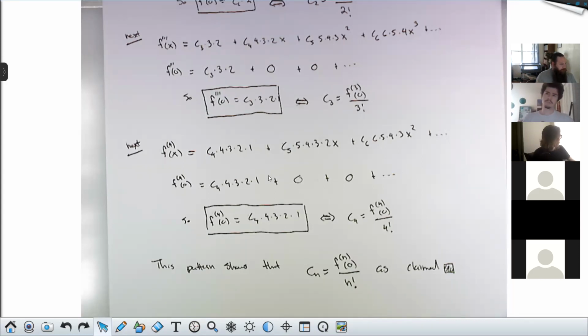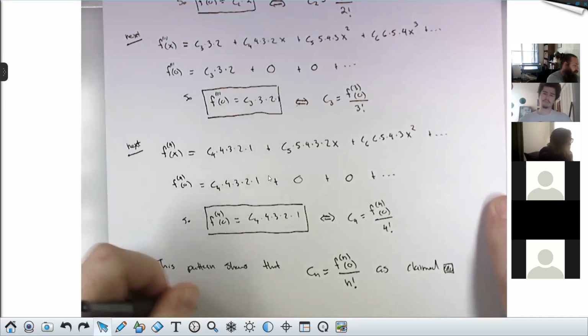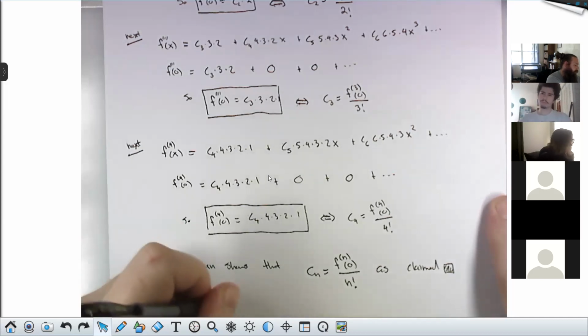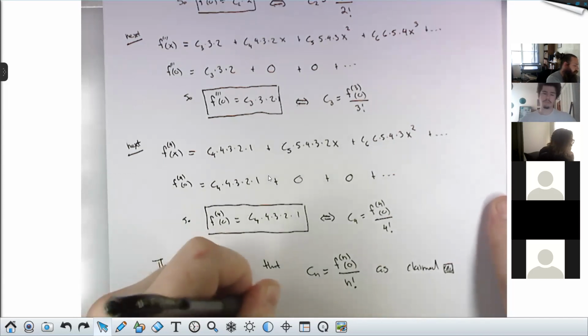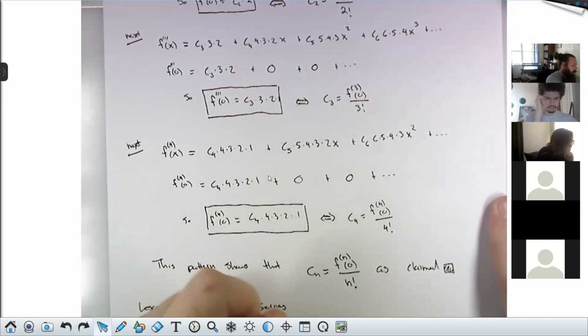How do we use the theorem? Well, you build a table. What this tells us is that finding a power series is equivalent to finding a pattern in derivatives.